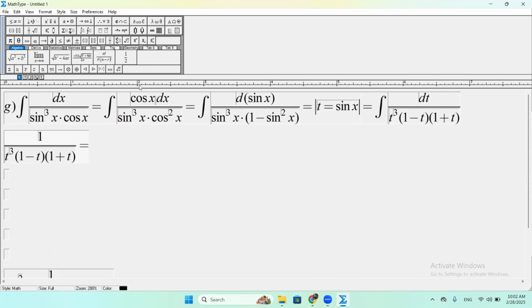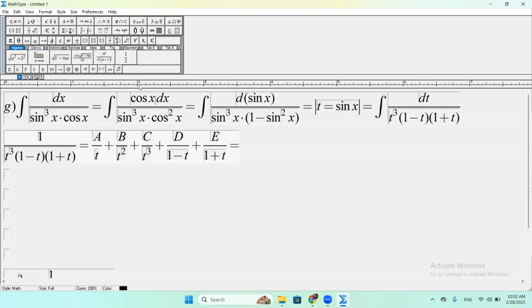So let's start. So a over t plus b over t square plus c over t cube plus d over 1 minus t plus e over 1 plus t.